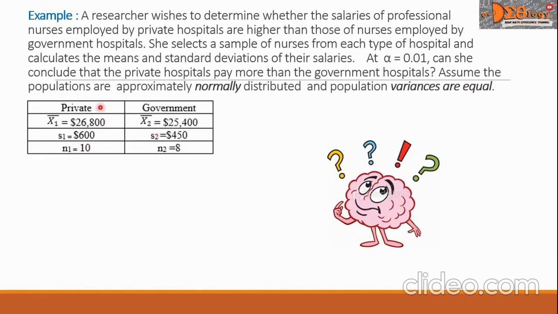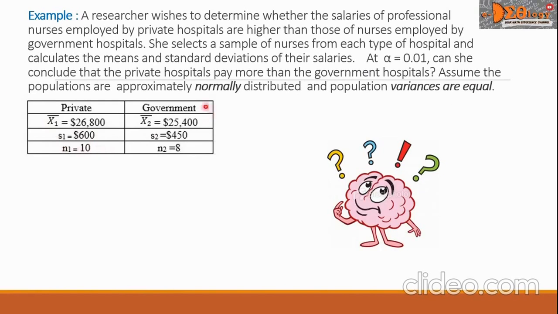For the private hospitals, the salaries have this data. The mean, or X bar sub 1, is $26,800. S1 is the standard deviation, and that is $600. The N1 is the number of samples, and that is equal to 10.